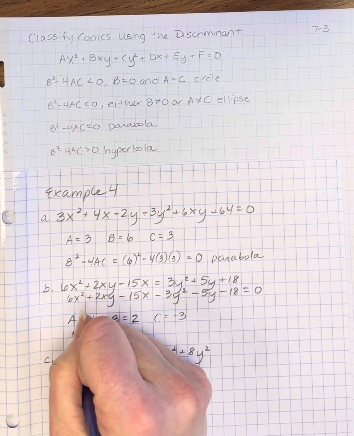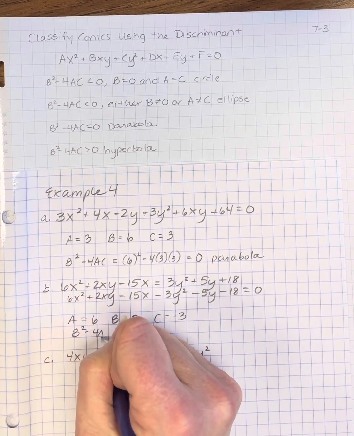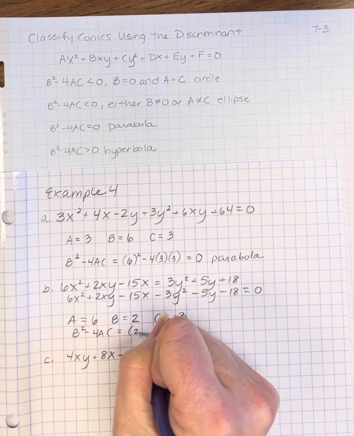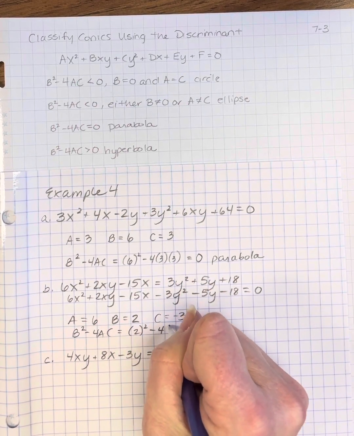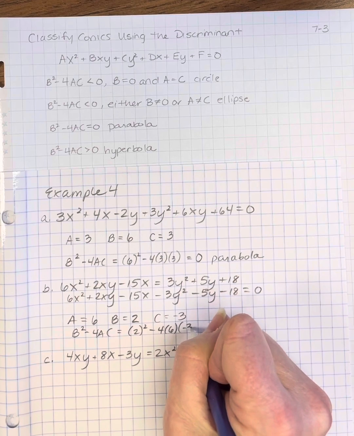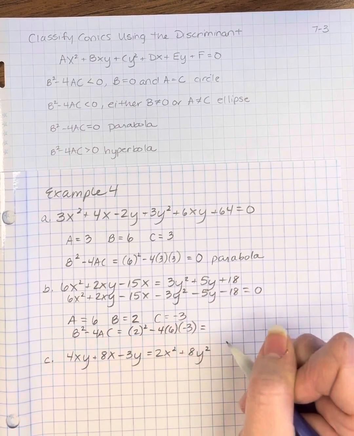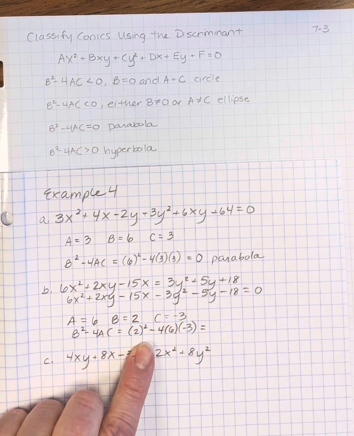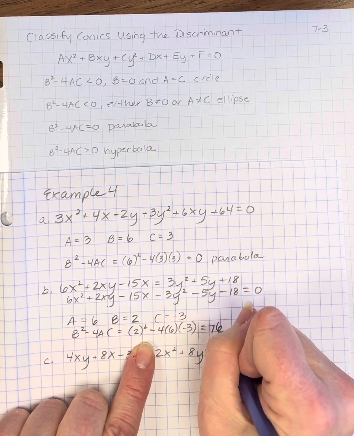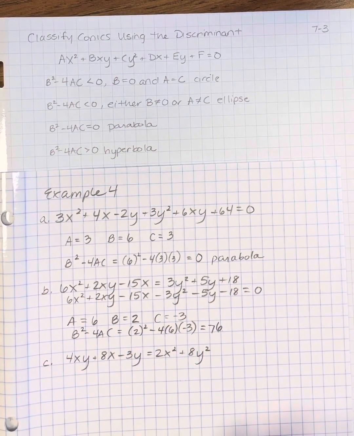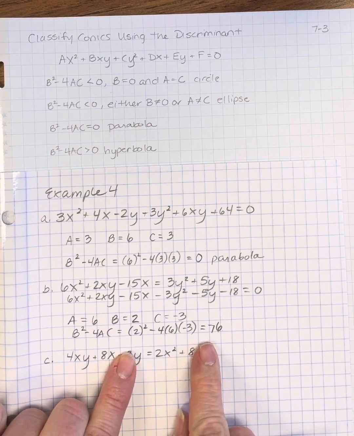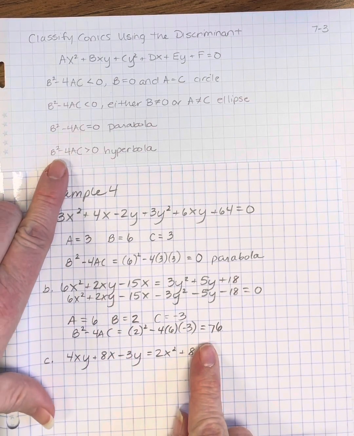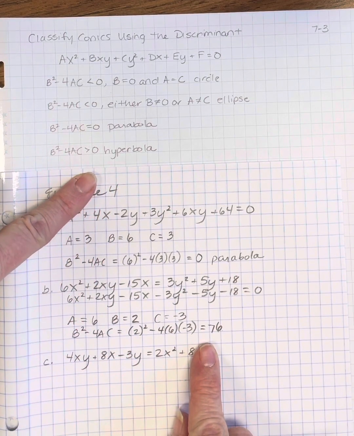So I have b squared minus 4ac, 2 squared minus 4 times 6 times -3. So I have 4, and then I'm going to use a calculator on this one. 76. So if I have 76 for my discriminant, I'm going to have to come back up here. If b squared minus 4ac is positive, I have a hyperbola.